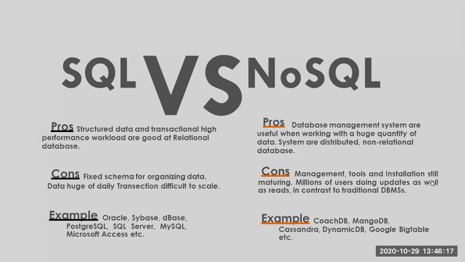Then the negative points are the management tools and installation still maturing, because being an open source platform, it does not have any authorized way, or you can say standard operating procedure, to operate on NoSQL databases. That's why it is said that it is still maturing. Millions of users doing updates as well as reads, in contrast to the traditional DBMS. Examples are CouchDB, MongoDB, Cassandra, DynamoDB, Google Bigtable, etc.